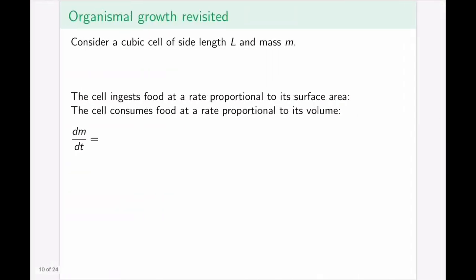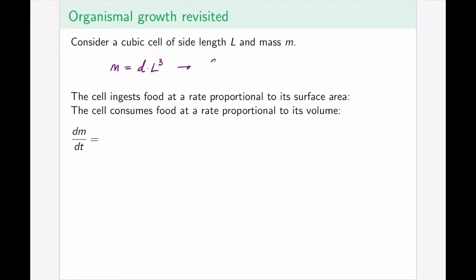In this class, we're going to see a couple of applications and how to apply our general formulas to particular cases. The first one is the organismal growth problem that we have seen previously. So let us remind ourselves that we stated that the mass of the cell is equal to density, which is a constant, times volume, which in the case of a cubic cell is simply the length of the side cubed.